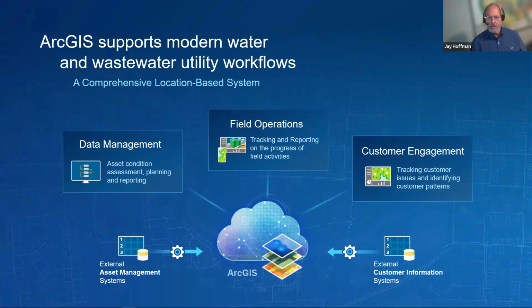So how do we bring all this together? What we do is we support utility workflows by providing centralized map-based systems, as we see here. We bring all the GIS information together in one map, tying it to a location. If you look, we start down here at the bottom with your ArcGIS cloud, whether that be ArcGIS Online or ArcGIS Enterprise.